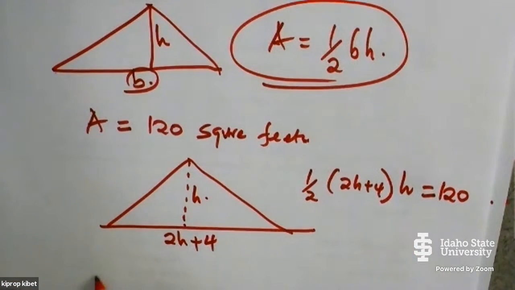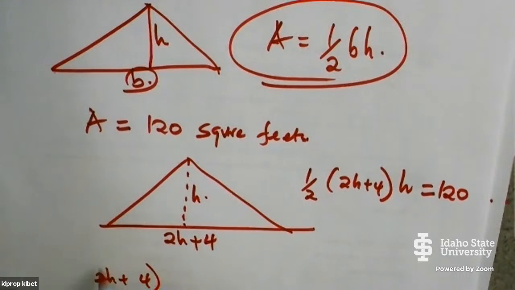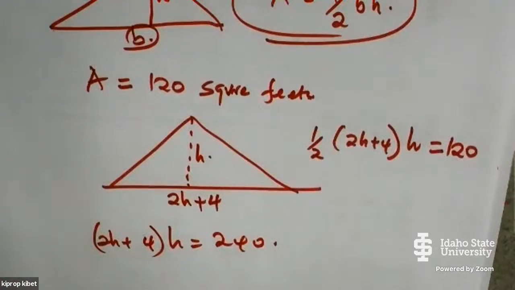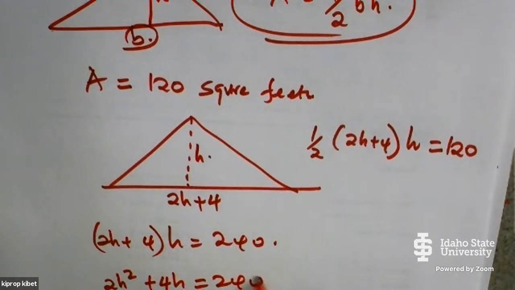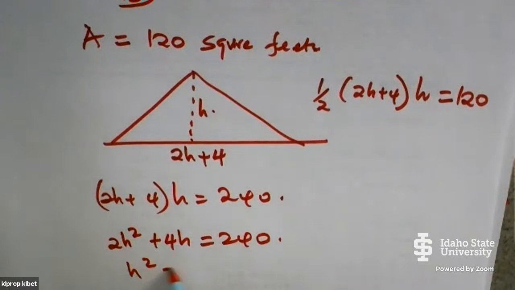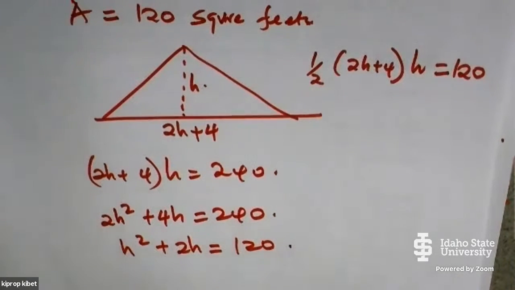So you get (2h plus 4)h equals 240. Okay. So you open the brackets, you get 2h squared plus 4h equals 240. You can divide everywhere by 2, you get h squared plus 2h equals 120.